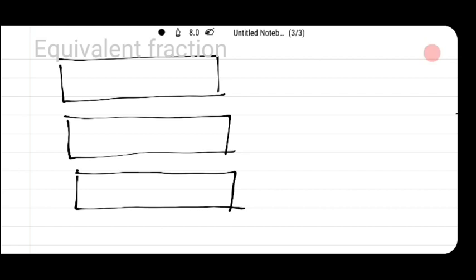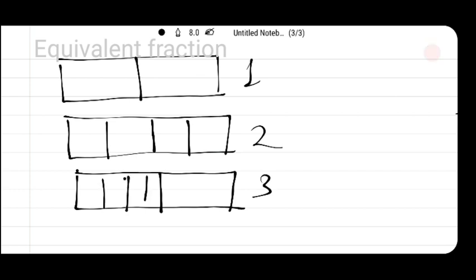Okay, the first one is divided into two equal parts, the second rectangle is further divided into four parts, and the third rectangle is divided into 8 parts.